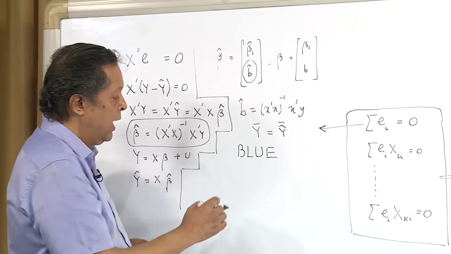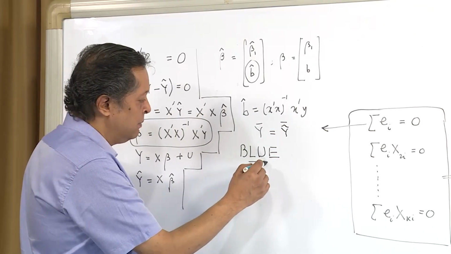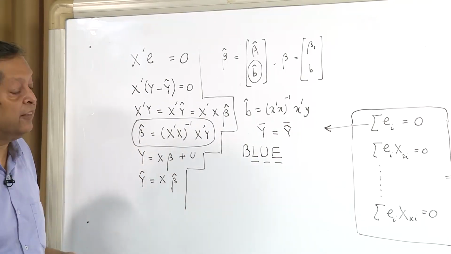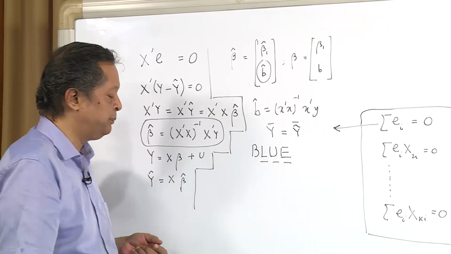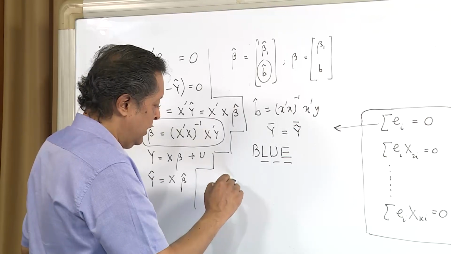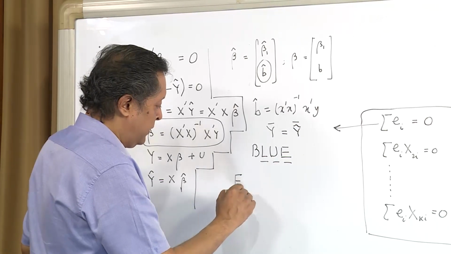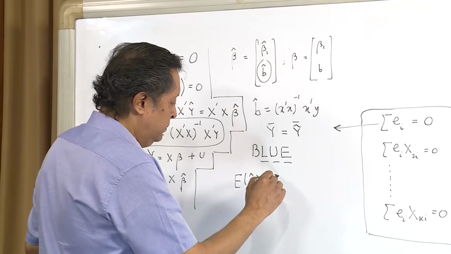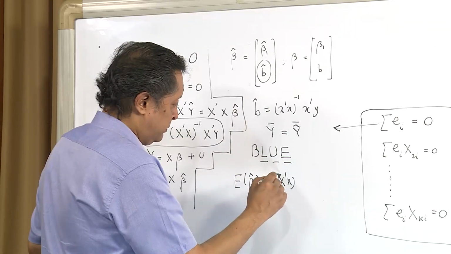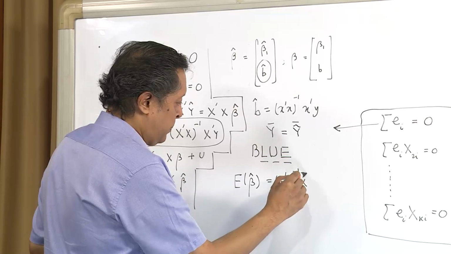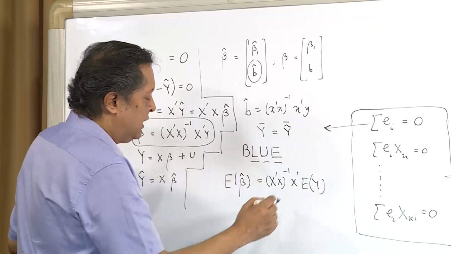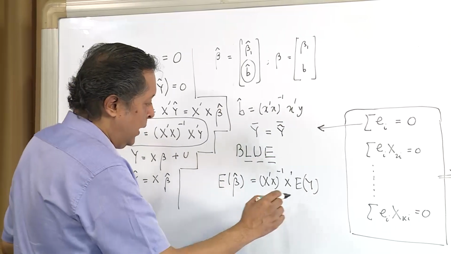That means among the linear unbiased estimates, these OLS estimates have minimum variance. Unbiasedness means expectation of beta hat is equal to X prime X inverse X prime expectation of y, and expectation of y is equal to X beta.